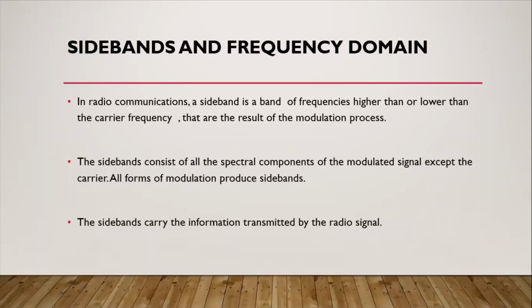This one are the result of the modulation process. Okay, meron tayong tinatawag na sideband. Ito nga yung sideband is yung frequency can be higher or lower than the carrier frequency. Then this sideband frequency are results of the modulation process. Okay? After ng modulation process is magkakameron na ng sideband.